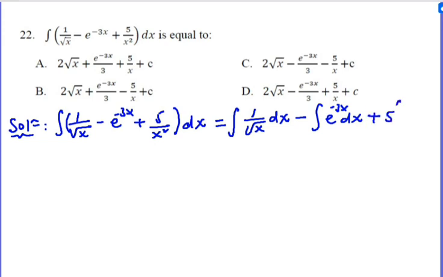5 times the integral of 1 over x squared dx. So at the end there will be an integration constant.